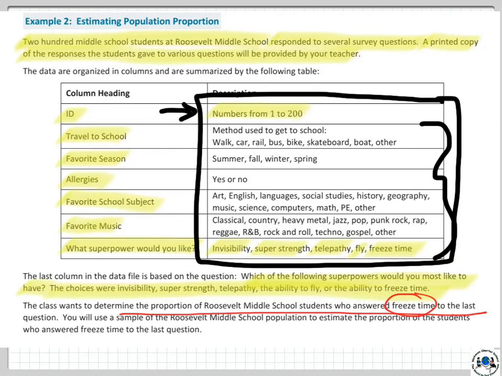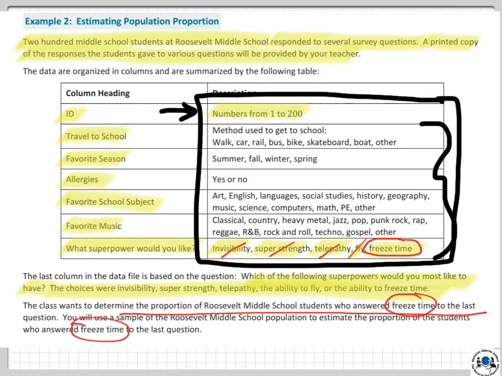You will use a sample of the Roosevelt Middle School population to estimate the proportion of the students who answered freeze time. So we are interested in the proportion of students who chose freeze time. Freeze time is our focus, not necessarily invisibility, super strength, telepathy, or flying.